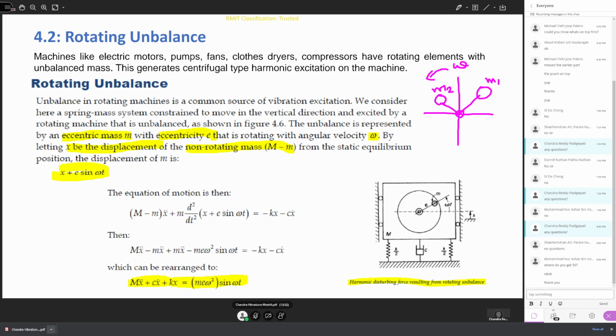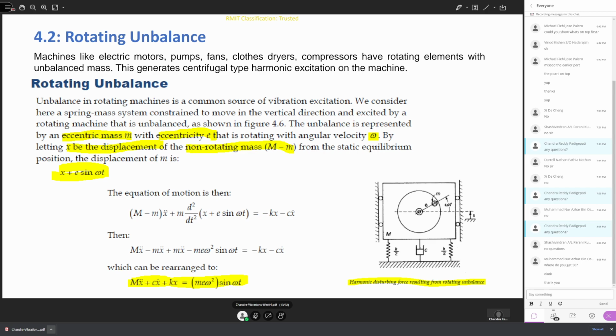So we are now considering an unbalance in the system due to rotating masses. We'll study this unbalance in a much more detailed way when you do the mechanics of machines course.